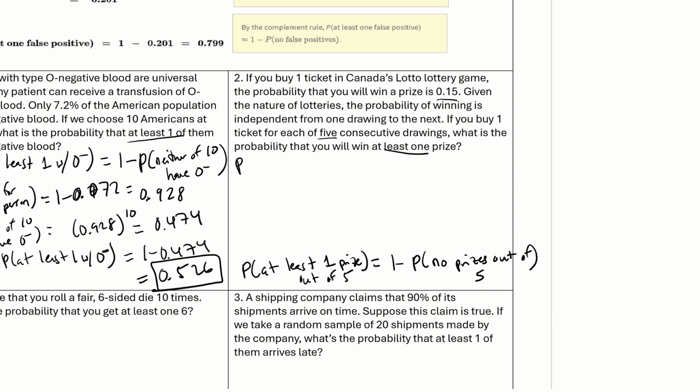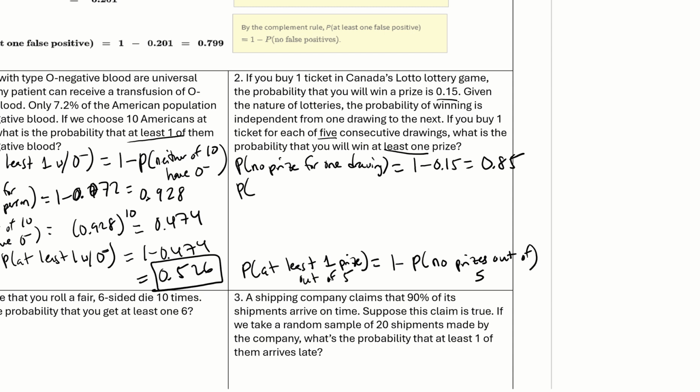Okay, so what's the probability of no prize for one drawing? Well, the probability that you'll win a prize for one drawing is 0.15, so it's got to be 1 minus 0.15, right? So it's got to be 0.85 chance that you'll lose on one drawing.